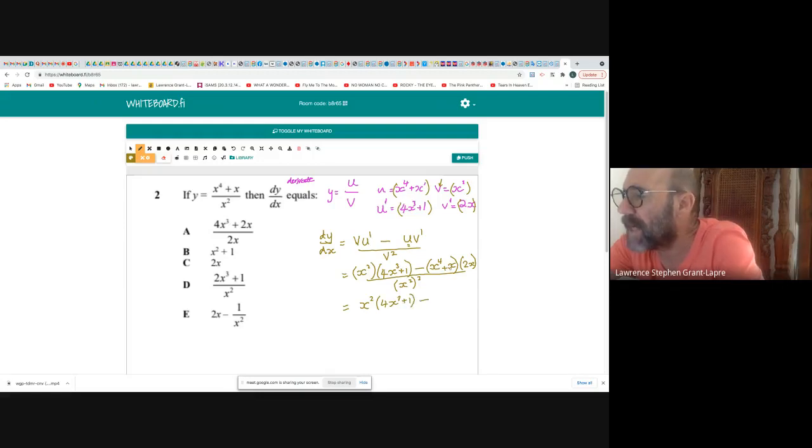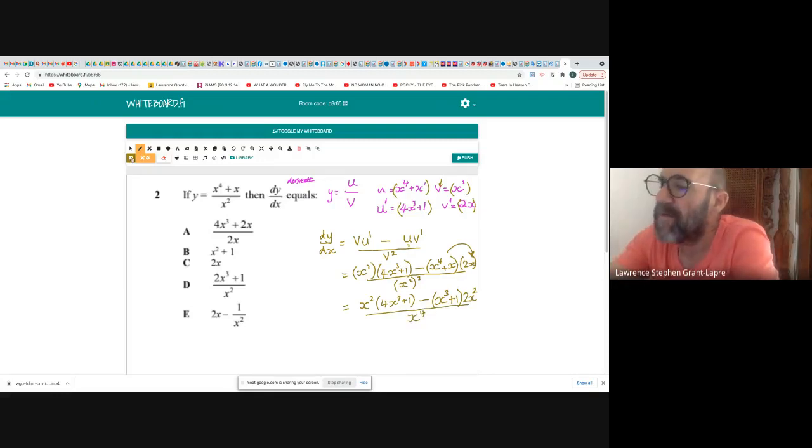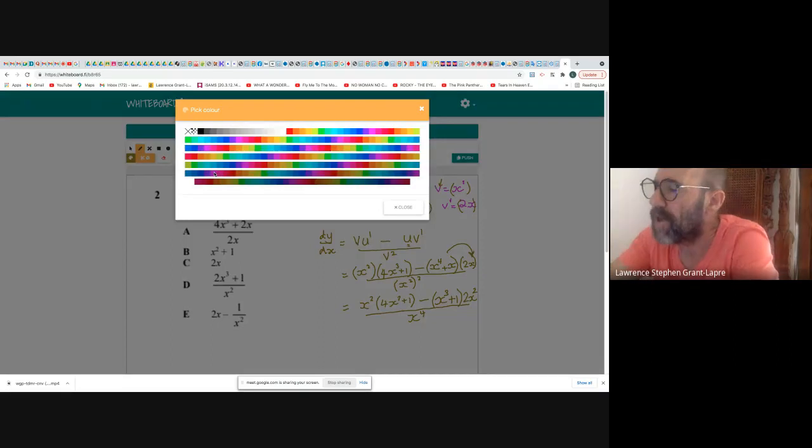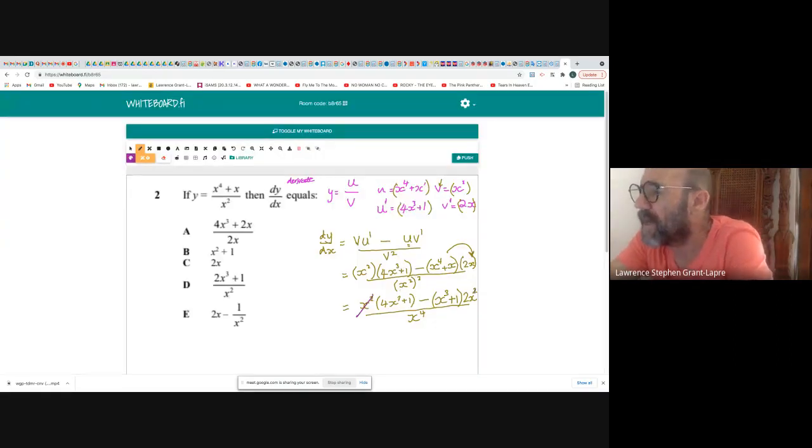I'm going to take a factor of x out of here because there's a factor of x here. And I'm going to make that 2x squared. So I've taken 1x out and put it in this factor here over x to the power of 4. Now if we cancel x squared out of each term, x squared out of there, x squared out of there, and x squared out of there would be x squared.